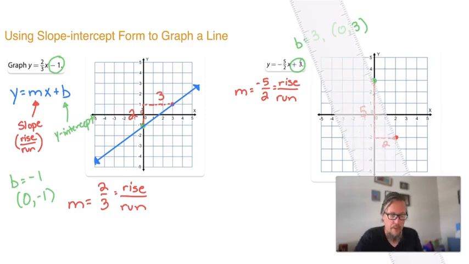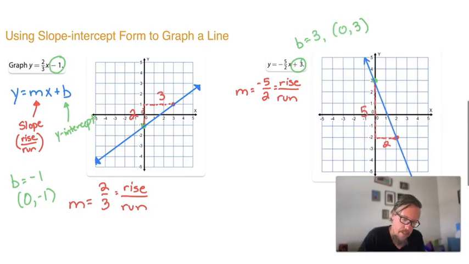The absolute value is what we're looking at for steepness. 5/2 is bigger than 2/3, so it's a much steeper line. Still linear because it's in slope-intercept form. And there we go. Y-intercept of 3 and a slope of -5/2.